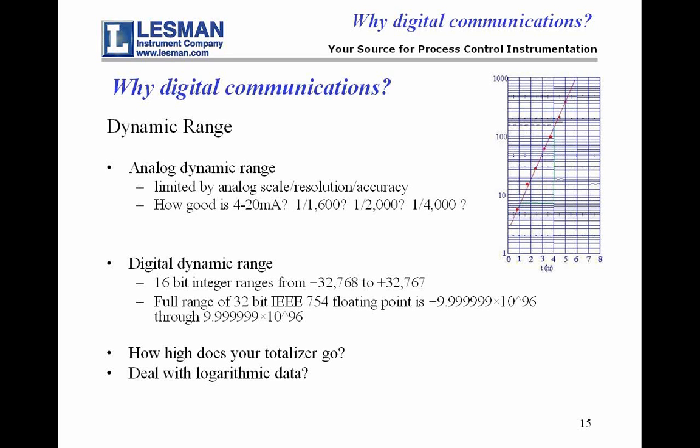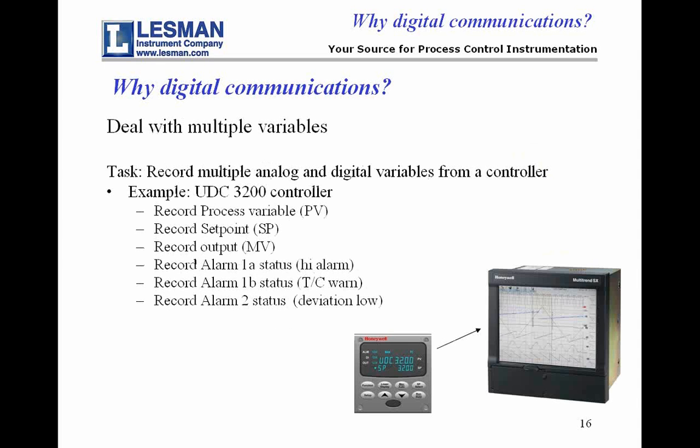But when you go to digital, an integer is easily plus or minus 32,000, and if you go to floating point, you get numbers that are exponential. They can be huge. It also comes up with decades of logarithmic information and you're actually able to interpret it.